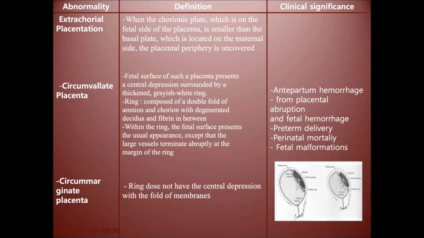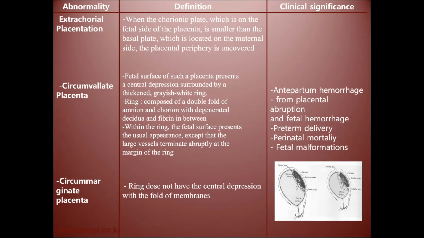Here, the fetal surface of such a placenta presents a central depression surrounded by a thickened grayish white ring. The ring is composed of a double fold of amnion and chorion with degenerated decidua and fibrin in between.